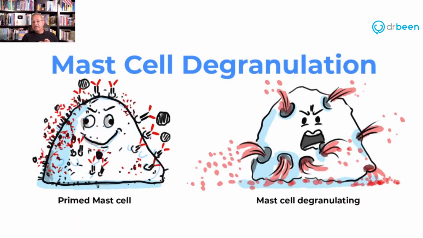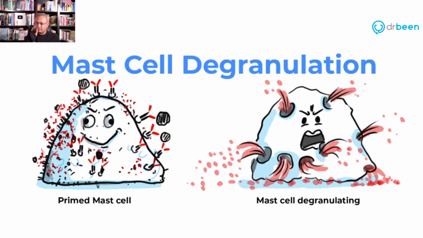Now, mast cell degranulation. Once a mast cell is primed, and how can a mast cell be primed? Let's say I am allergic. I'm not allergic to anything I know other than a couple of drugs. But let's say I'm allergic to peanuts. The very first time I ate peanuts, my B cell will make IgE eventually against the allergen in the peanuts.